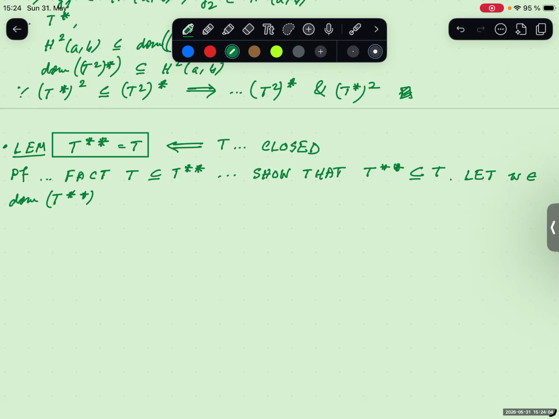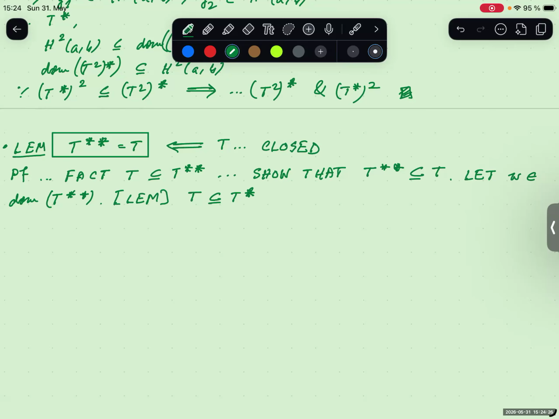Now we have just shown, I write it this way, lemma, that T is smaller than or equal to T star. I mean, that we also discussed in general.